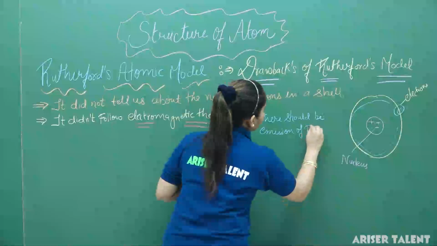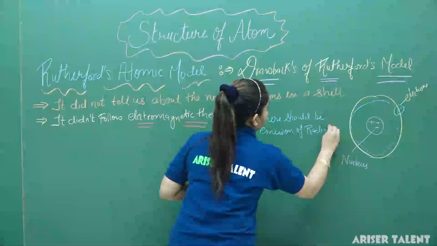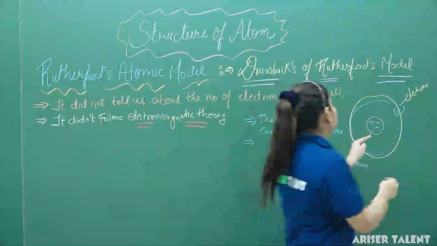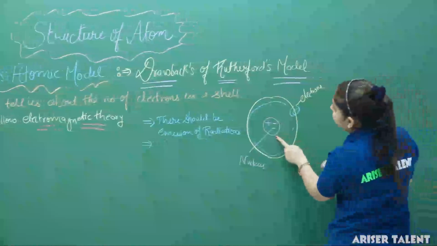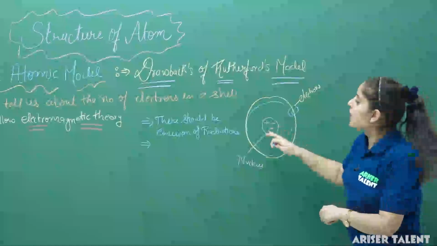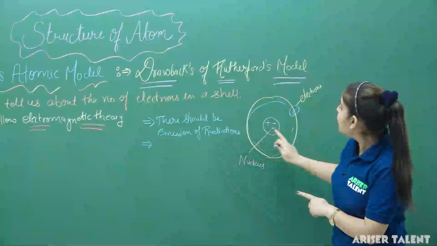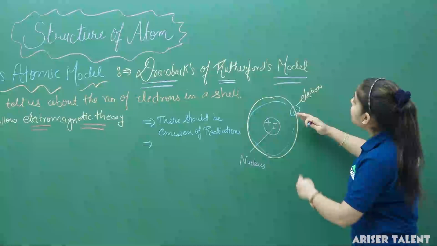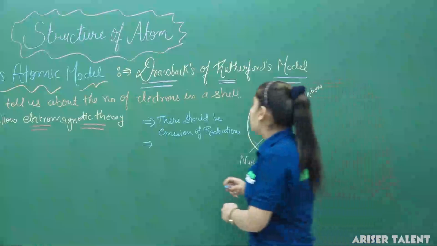If a negative charge is accelerated or revolves around the positive charge, there must be emission of radiations, and because of that emission, the speed of the electron must slow down.